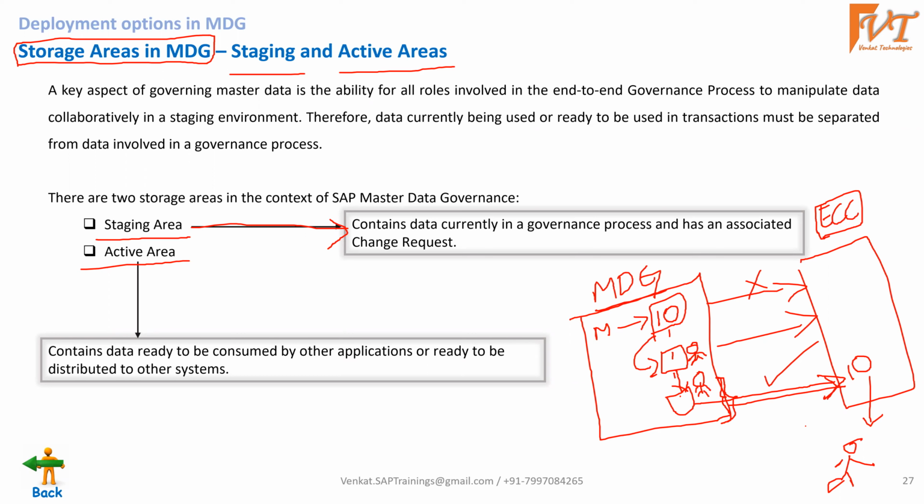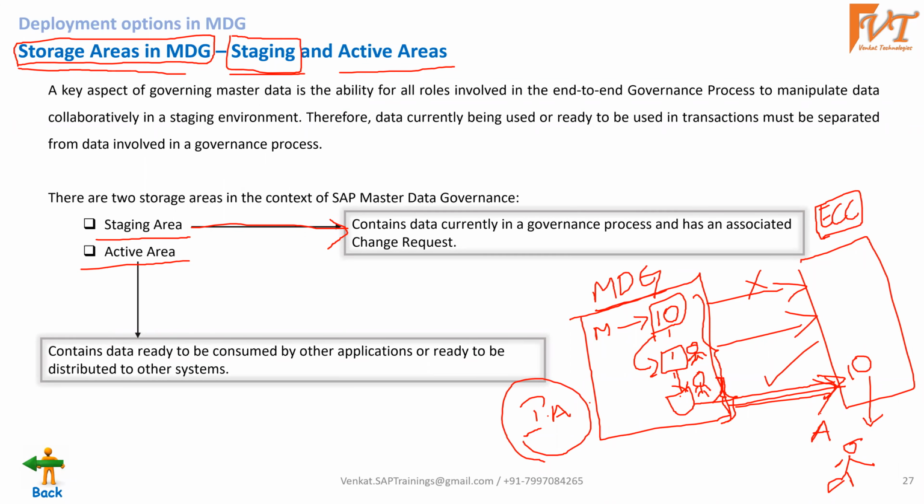That storage is called the staging area in MDG. The data which is available till the final activation is called inactive data, and the data available after the final approval is called active data. So we have two types of data, inactive data and active data.